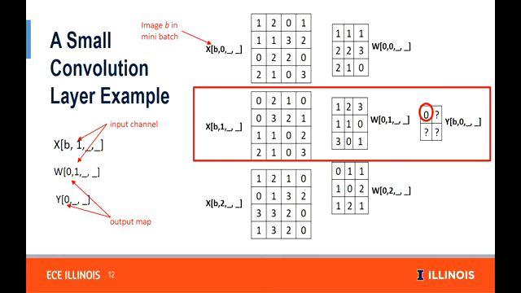Okay. Just to refresh your memory, we already covered this part. When we do a convolution layer, remember we have multiple input feature maps, and we call these channels, right? So there will be multiple input feature maps feeding into the convolution layer, and multiple output feature maps coming out of the convolution layer.